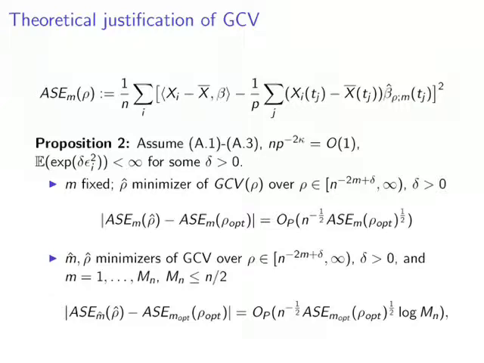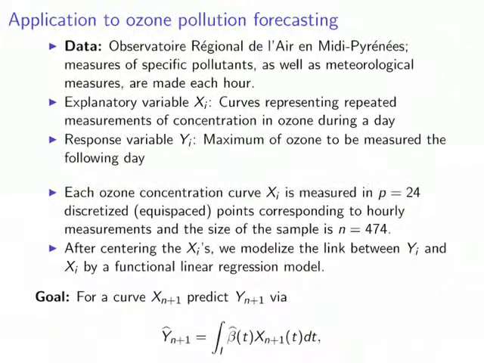Okay, we have some case of a noisy covariate, which is not so interesting. We have a small application about ozone pollution forecasting, where the Observatoire Régional de l'Air en Midi-Pyrénées makes measurements of specific pollutants as well as meteorological variables each hour.